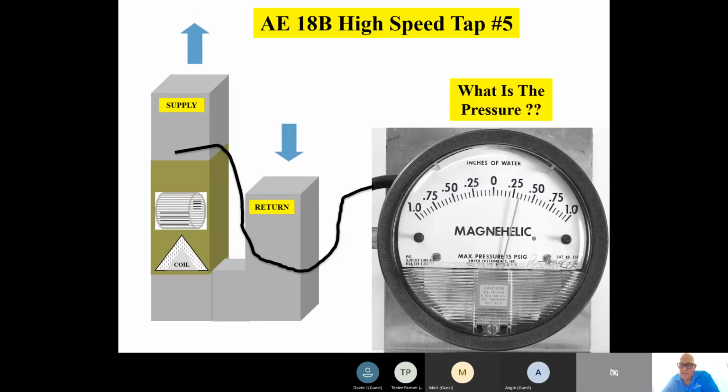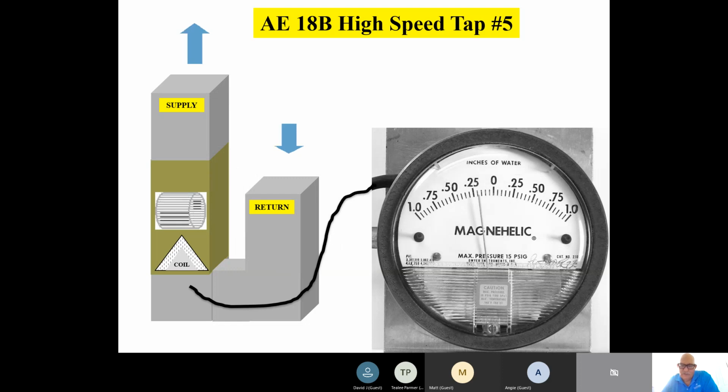And our supply static pressure looks like it's about a 0.3 again. And our return static pressure on this one looks like it's about a 0.2, so that's interesting. They happen to be the same static pressure readings as before. High speed tap.